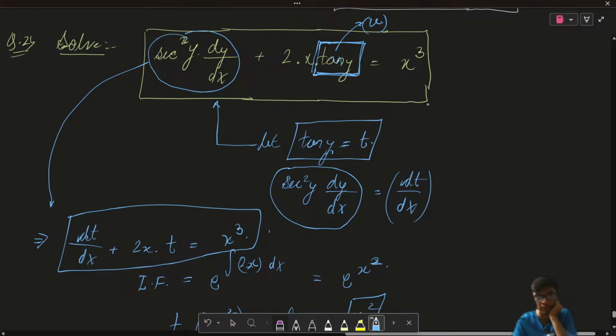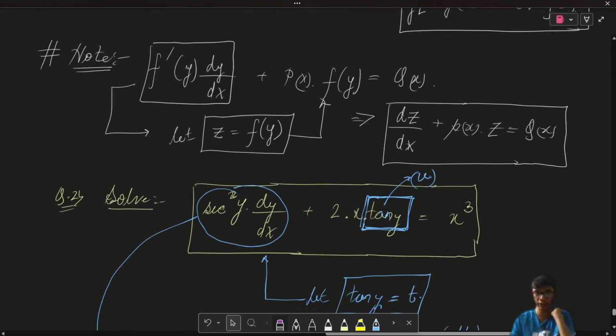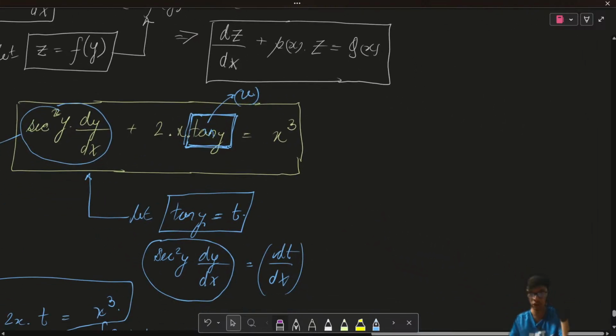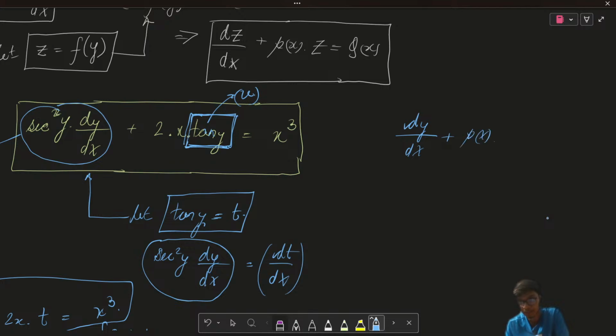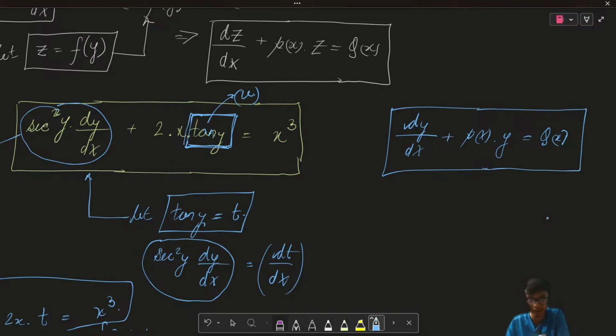If you observe this question properly, what I am trying to say is that when we solve a linear differential equation, the general form of a linear differential equation is dy upon dx plus p of x into y equal to some function of x. This is the form of a simple linear differential equation. But if you look at this question, in place of y I have a function of y. So I don't have a y directly. For a linear differential equation, I should have y multiplied with some function of x. But here I am not having y directly, whereas I am having tan of y, which is a function of y.